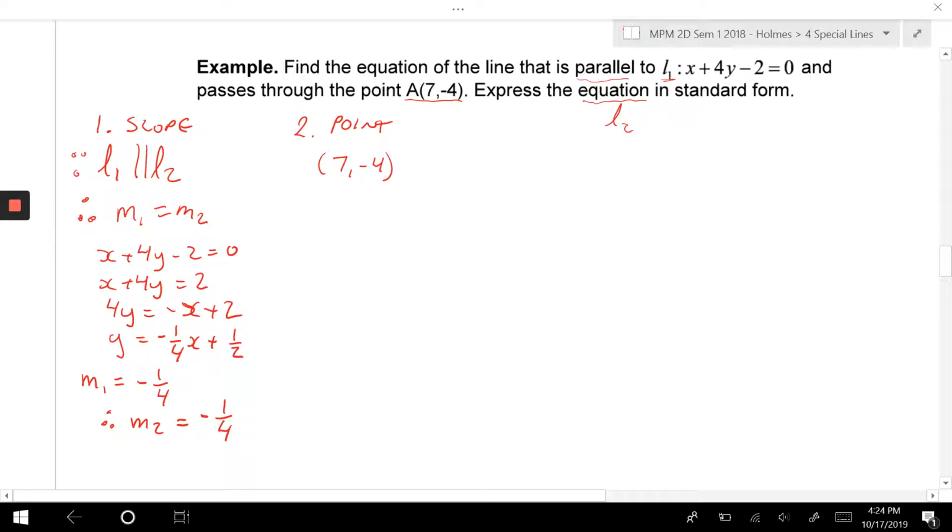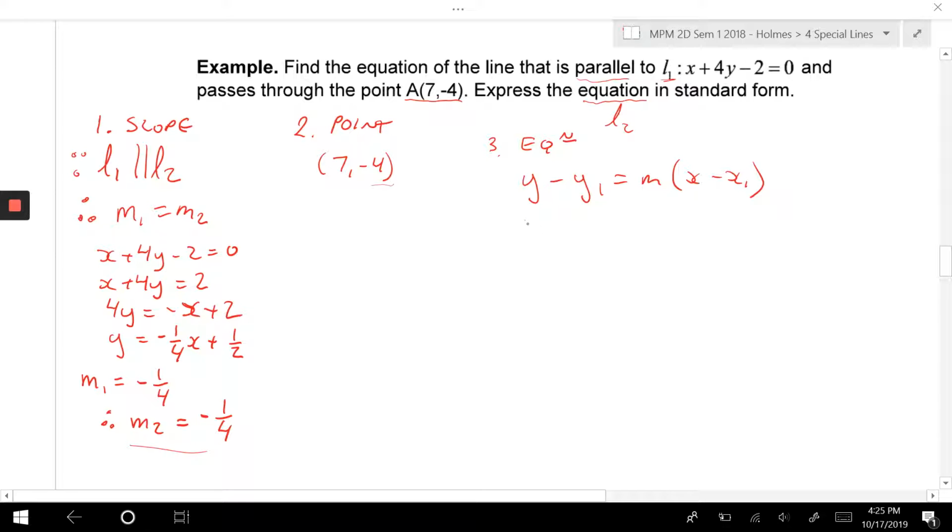So now it's just like what we did yesterday. I've got a point and I've got a slope. I can come up with my equation using the slope-point form. The general equation is y minus y1 equals m times x minus x1.